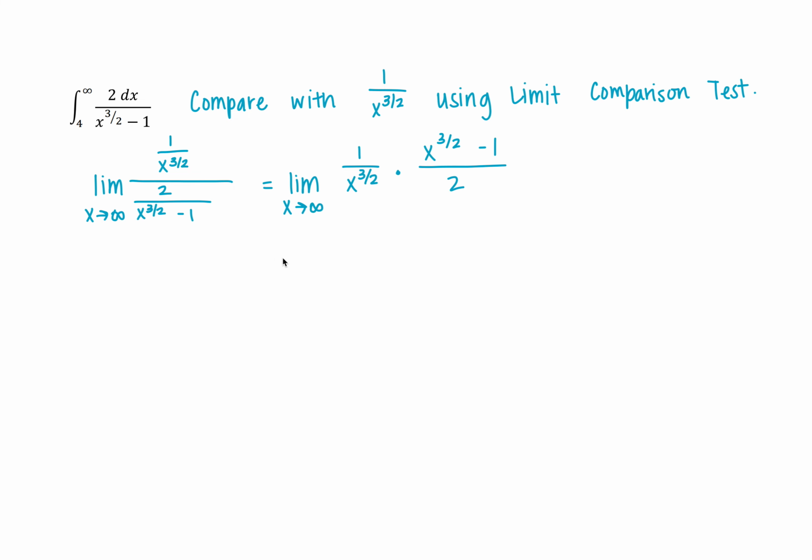So if you multiply this out, and I will do that, you can end up with two separate fractions. You can have x to the 3 halves over 2x to the 3 halves minus 1 over 2x to the 3 halves.